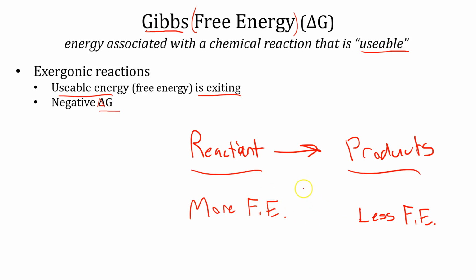And then in that process, there's some energy that escapes the system. So the products are going to have less free energy than the original reactants. So if you take the total free energy of the products, subtract it from the free energy of the reactants, it leads to a negative delta G.